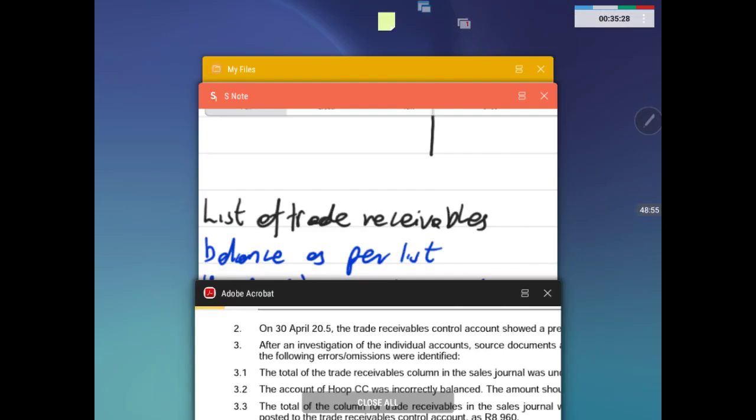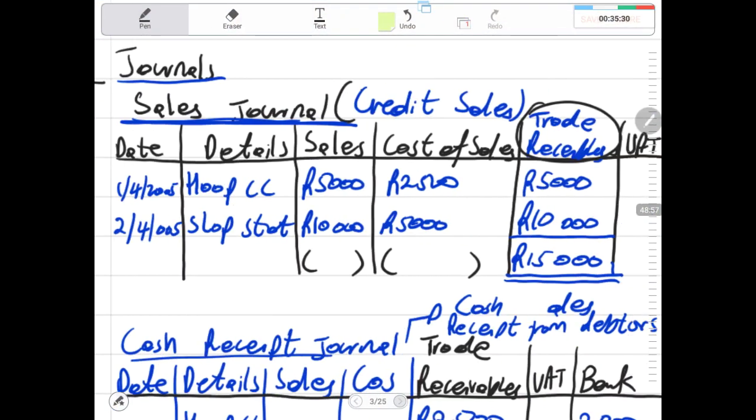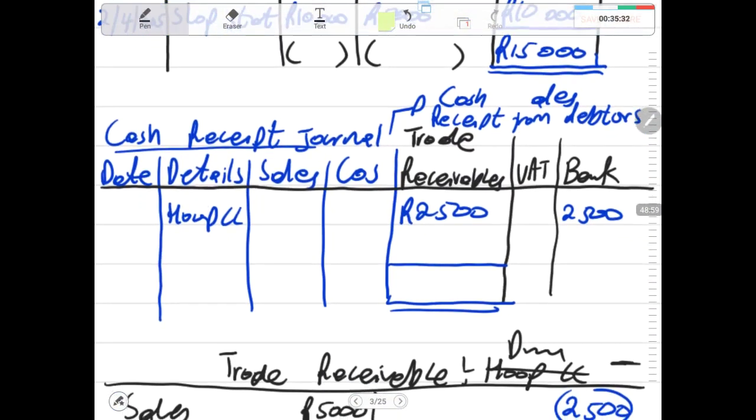Let me just go to the journals again, hence the importance of understanding the journals. In the cash receipt journal, what have we done? We would have said bank or cash, because we recorded this in the cash receipt journal. We would have said cash, and we record 1,850.